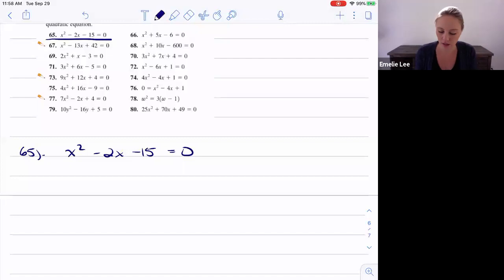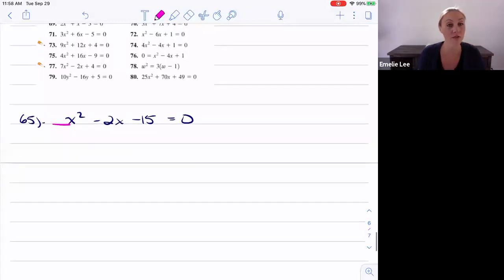Okay. This is a quadratic equation because I've got an x squared, I've got an x, and I've got a constant, and it's set equal to 0. There are times where you might have to rearrange things until you have a 0 on the right-hand side and everything else on the left-hand side. But for now, we're starting nice and slow, right? If I just have x squared, that's really 1 times x squared, so a is 1.